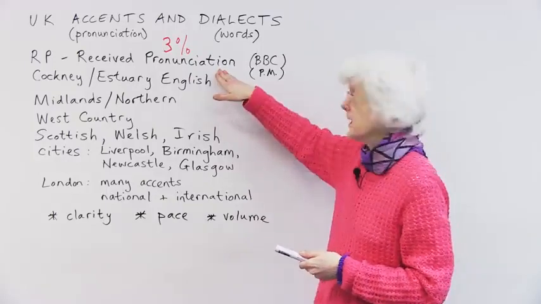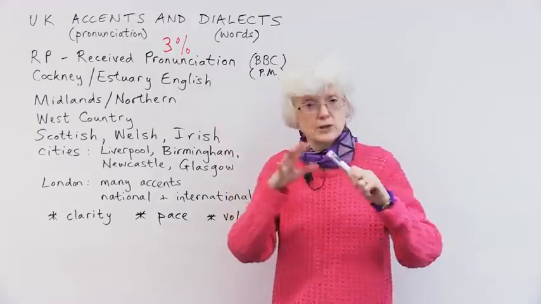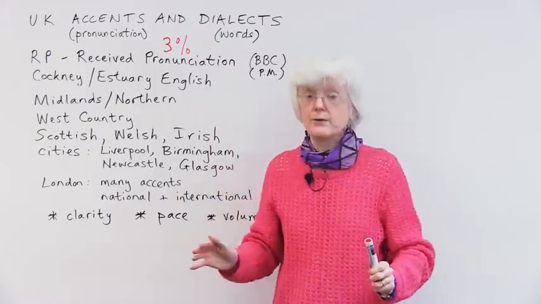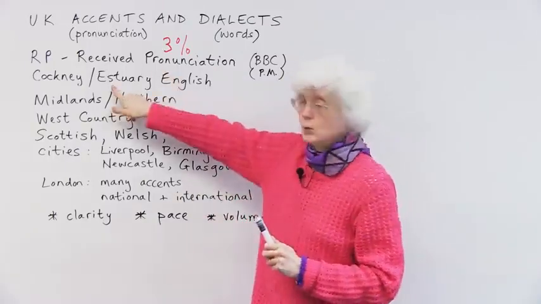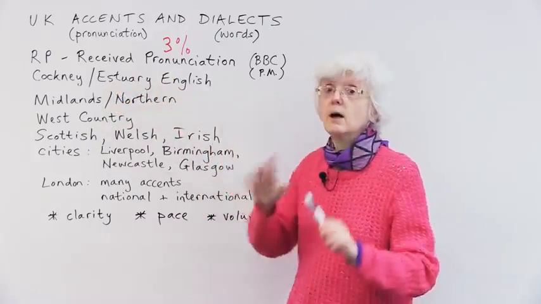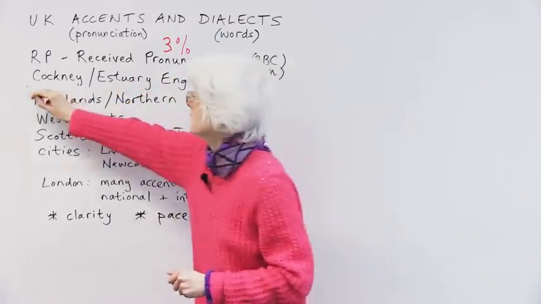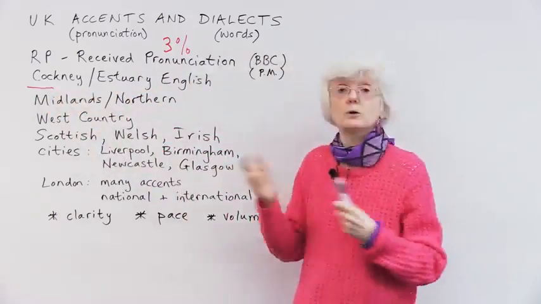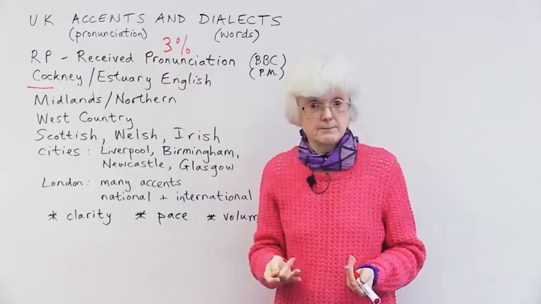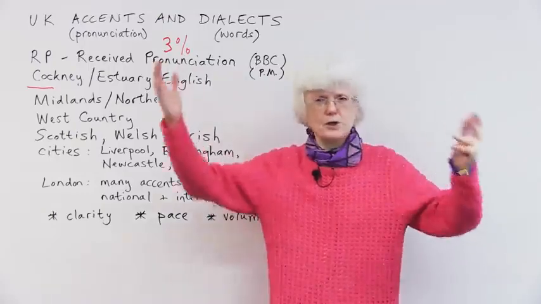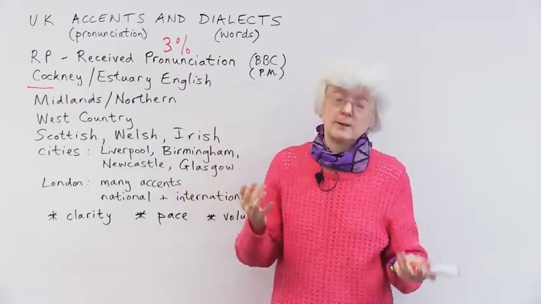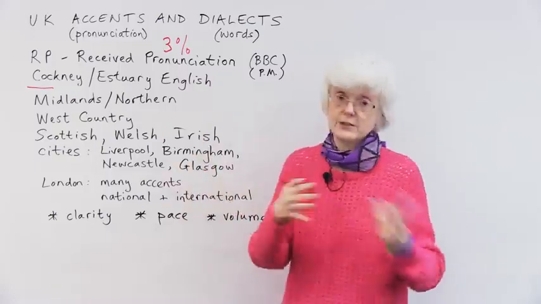RP, as I should have said, is mostly in the south of the country, London and the south. So also Cockney and Estuary English are in the south. Okay, so Cockney is the local London accent, and it tends to spread further out to places like Kent, Essex, other places like that, Surrey.